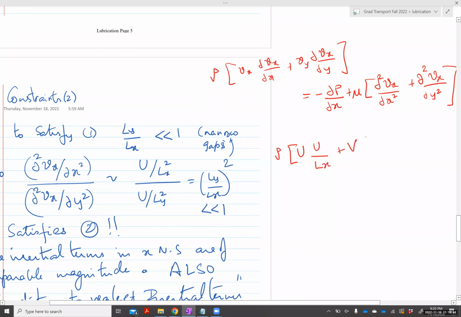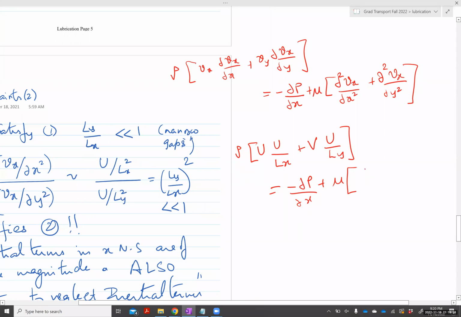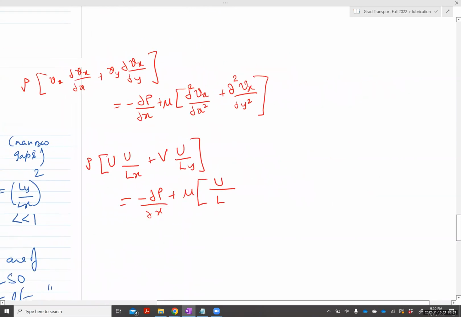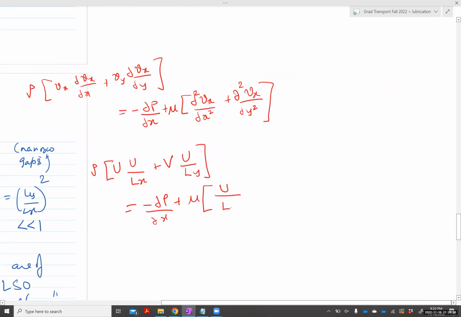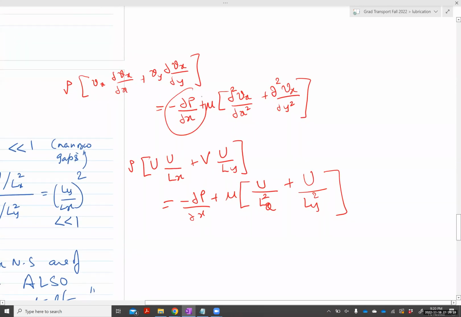Dou Vx over dou y is nothing but u over Ly, is equal to minus dou p over dou x plus mu times dou squared Vx over dou x squared, which is u divided by Lx squared, plus dou squared Vx over dou y squared, which is u divided by Ly squared. And again, the only terms that are going to remain are these two, right?